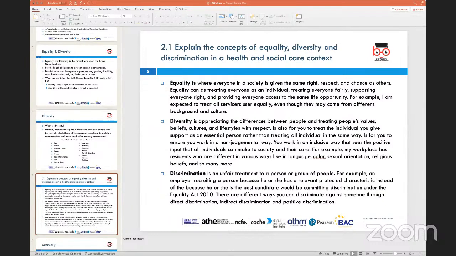A simple example of this is when you visit a hospital or a surgery. If I take the example of disability, if there is an individual with a disability, you generally see at a surgery there is a wheelchair ramp.